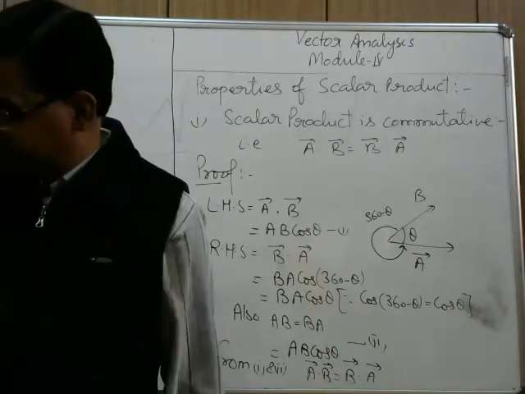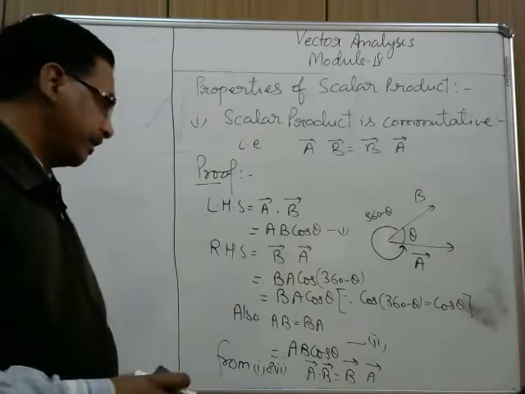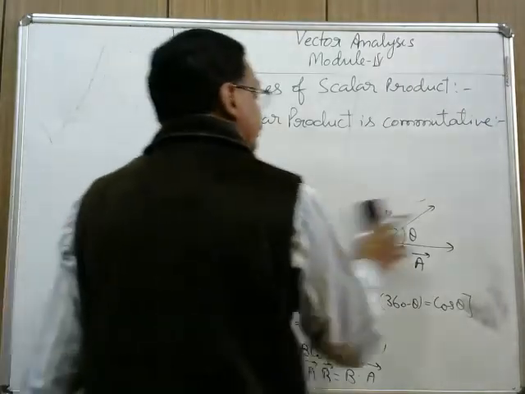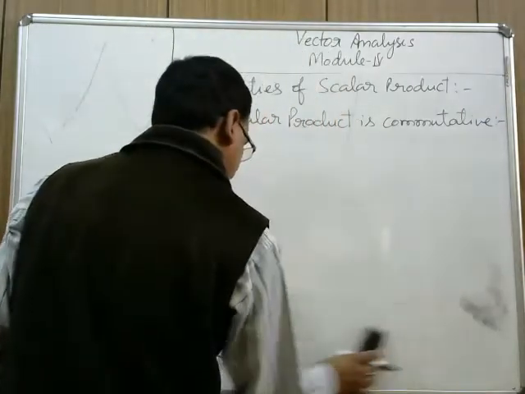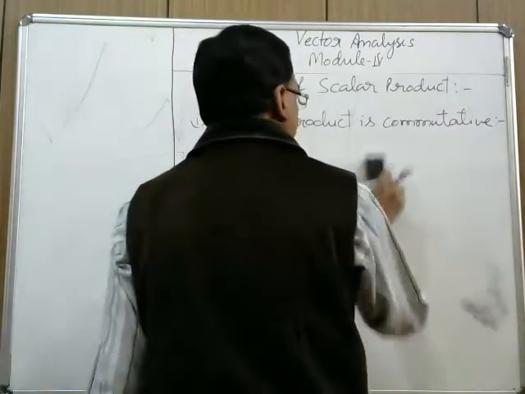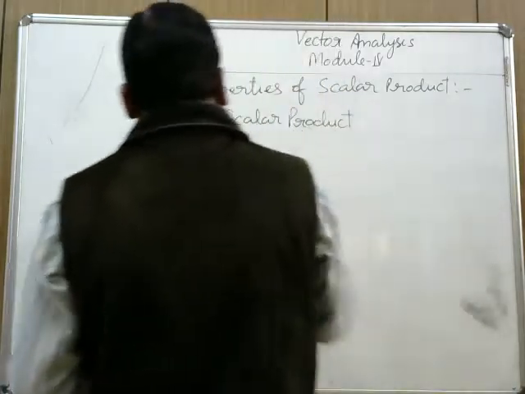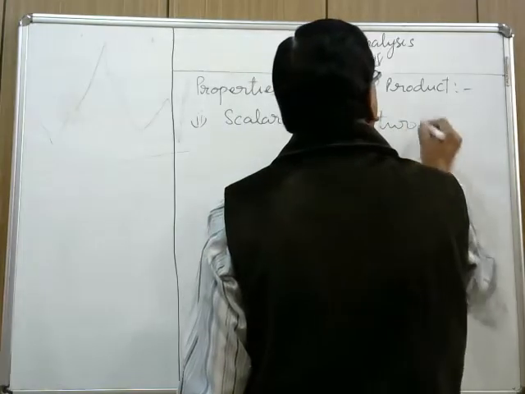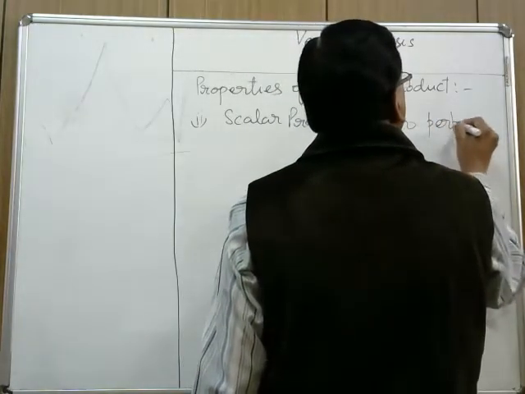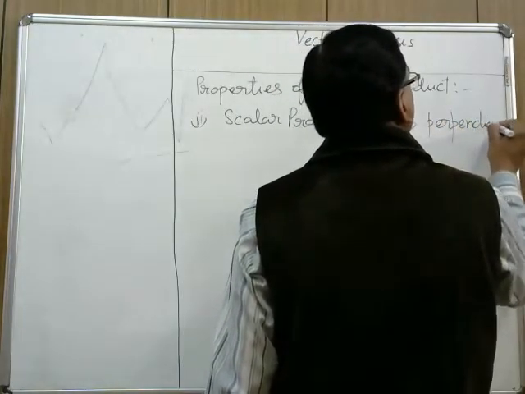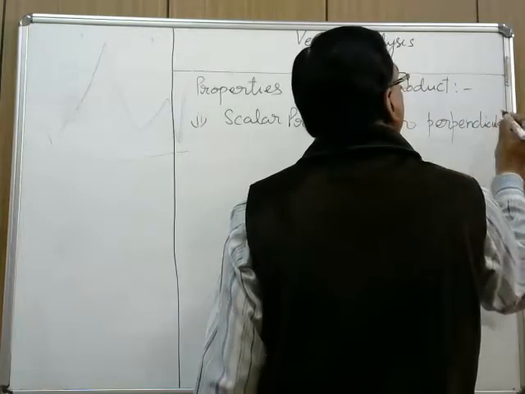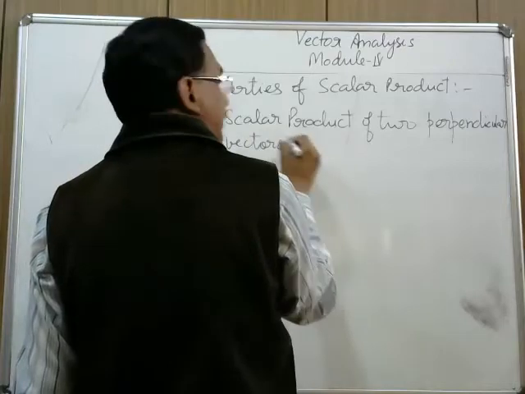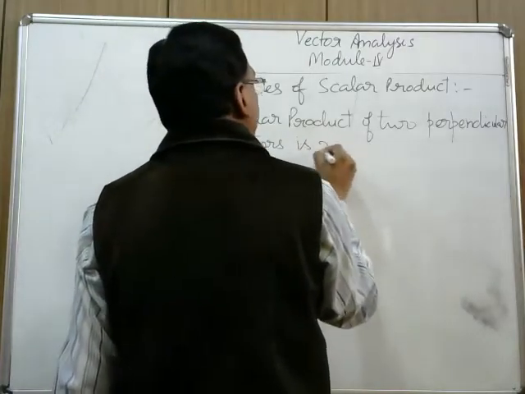Now second property, scalar product of two perpendicular vectors is 0.